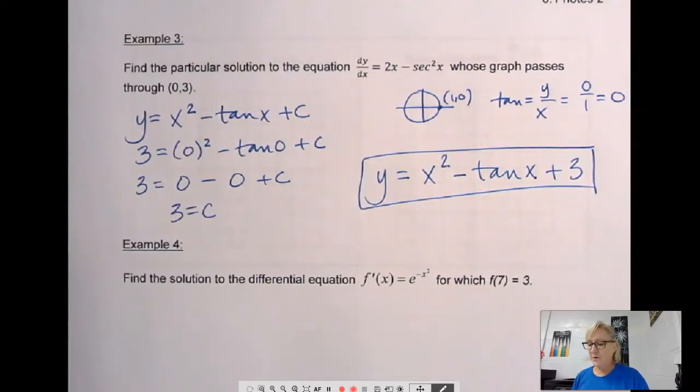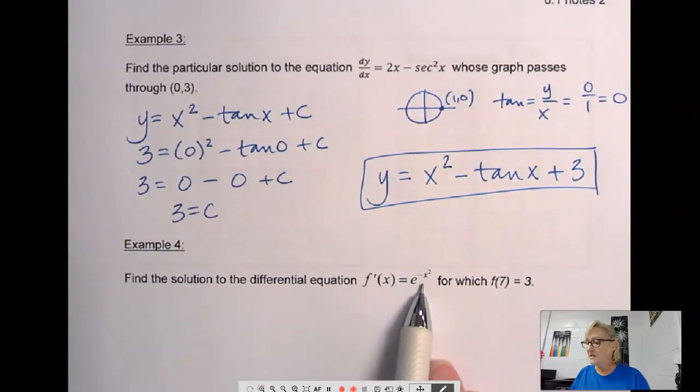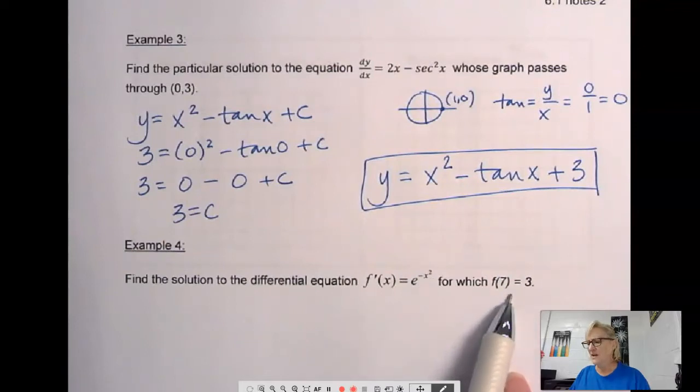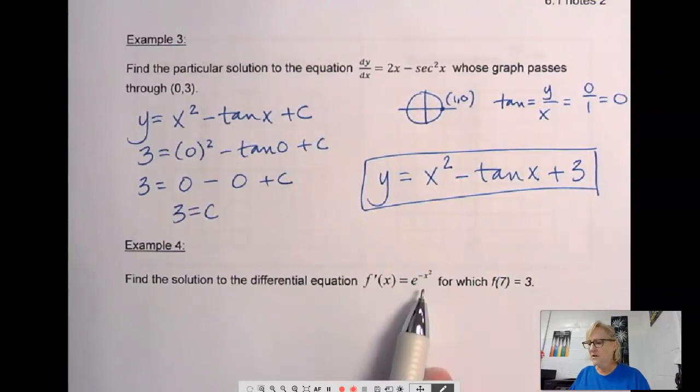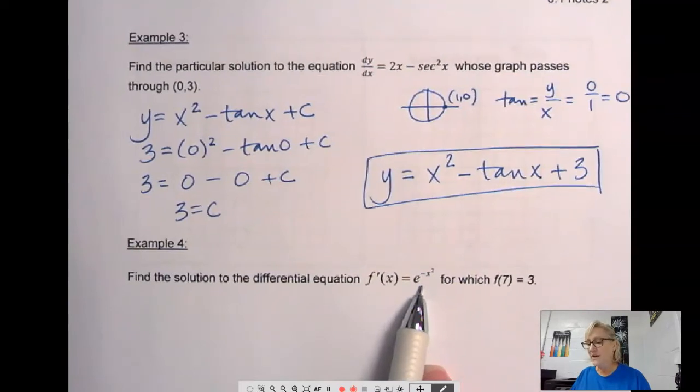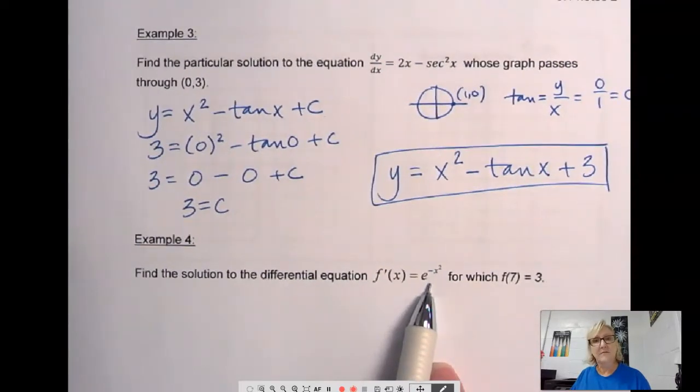Okay, example 4. Find the solution to the differential equation f prime of x, same thing as dy dx, equals e to the negative x squared, for which f of 7 equals 3. Okay, now I'm not even sure what function has this as its derivative. There are ways that we can find out, but those ways are in a course above AP Calc AB.